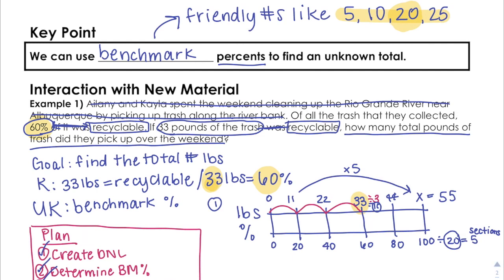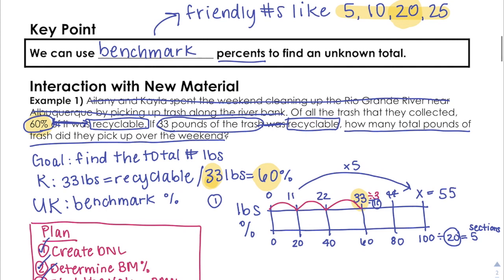Again, just to review, I put my known information of 33 pounds was 60% of the amount of trash. Then I looked to see how many sections made up 33. It was 3 sections, so I divided 33 by 3, which equals 11.